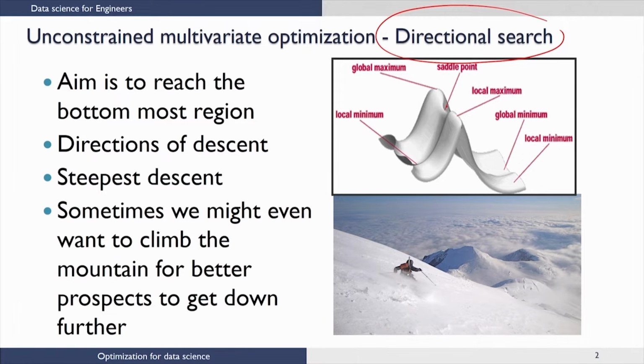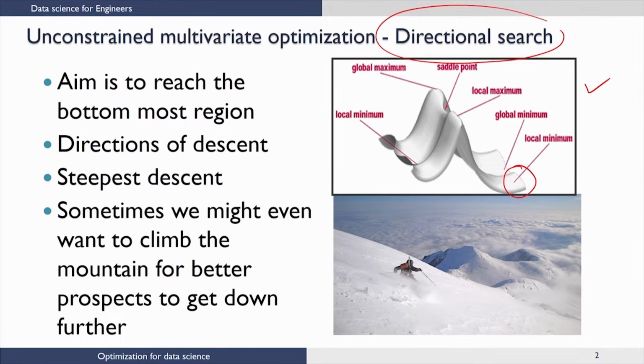If you are on the top of a mountain skiing and you are interested in reaching the bottommost point from where you are, pictorially shown through this picture here, you will see that there are several different points on this surface. This is a point which is at the bottom of the hill. So, we call this a minimum point.